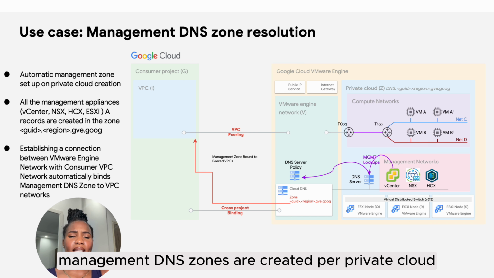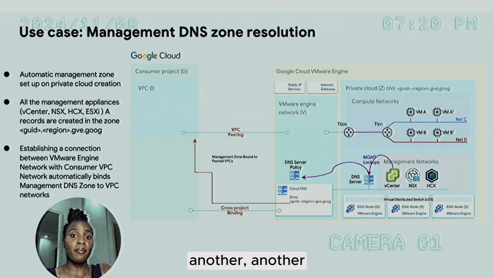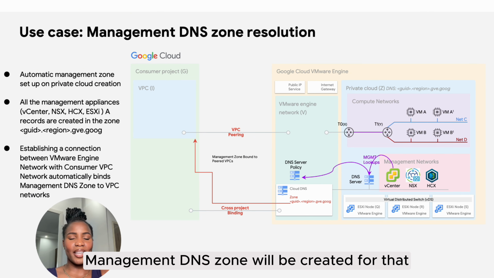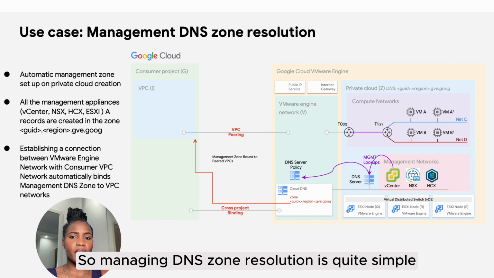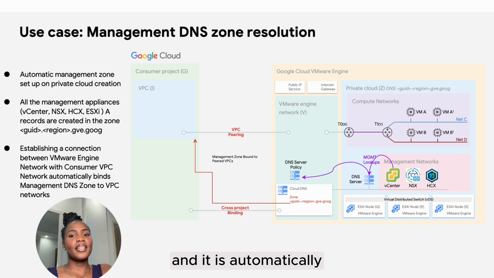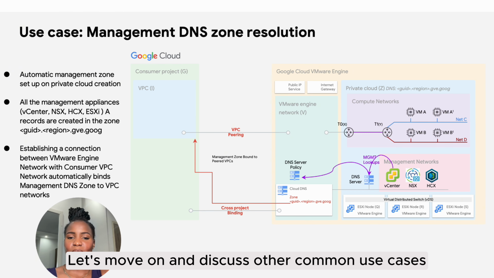Note that management DNS zones are created per private cloud. If we create a second private cloud, another management DNS zone will be created for that to host A records. So management DNS zone resolution is quite simple, and it is automatically managed in the deployment workflow itself. Let's move on and discuss other common use cases.